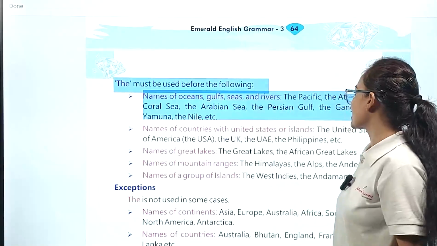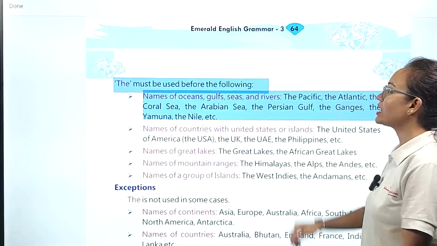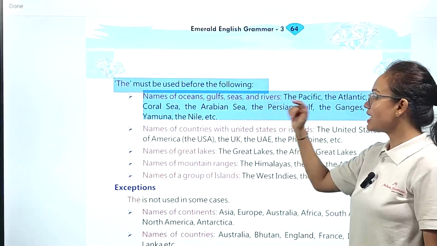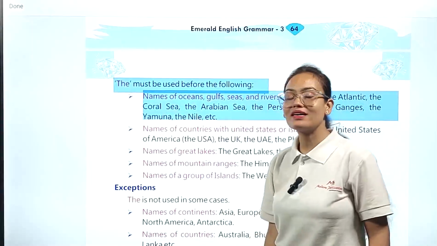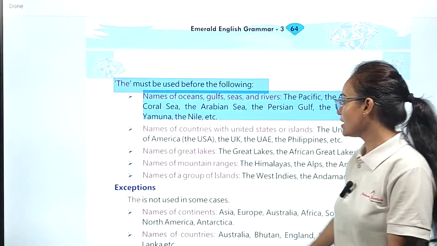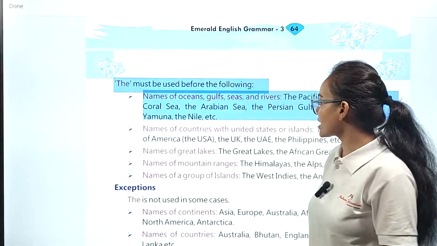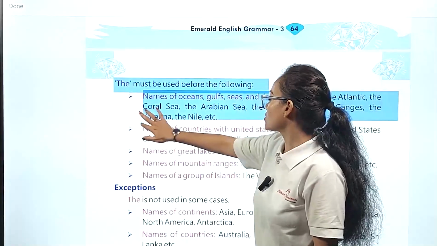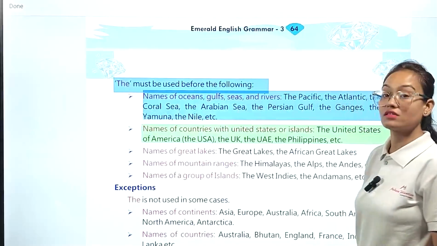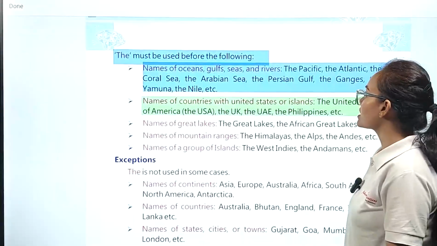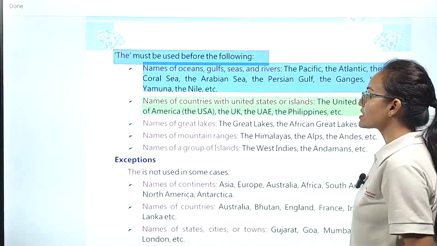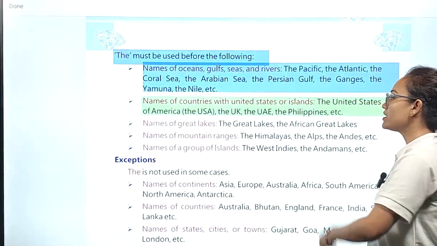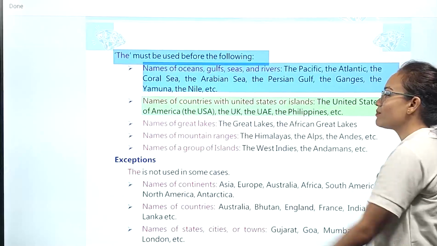Example, the Pacific, the Atlantic, the Coral Sea, the Arabian Sea, the Persian Gulf, the Ganges, the Yamuna, the Nile, etc. Okay, if we are talking about countries, here we add the to names of countries with United States or islands, like the United States of America, the USA, the UK, the UAE, the Philippines, etc.